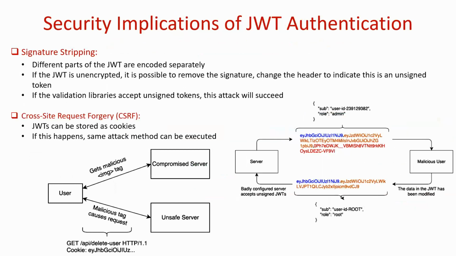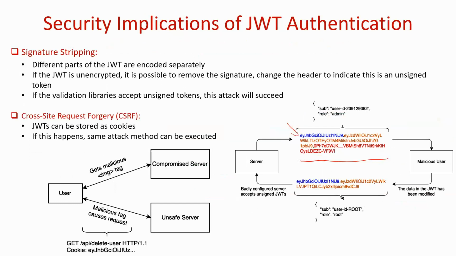Okay. JWTs are vulnerable to certain attacks. There is a common attack that is known as signature stripping. And this is possible because the different parts of the JWT are encoded separately. For example, this would be a token which is signed. So there is a signature attached here. And the type of signature is specified in the header, the algorithm that generated the signature.